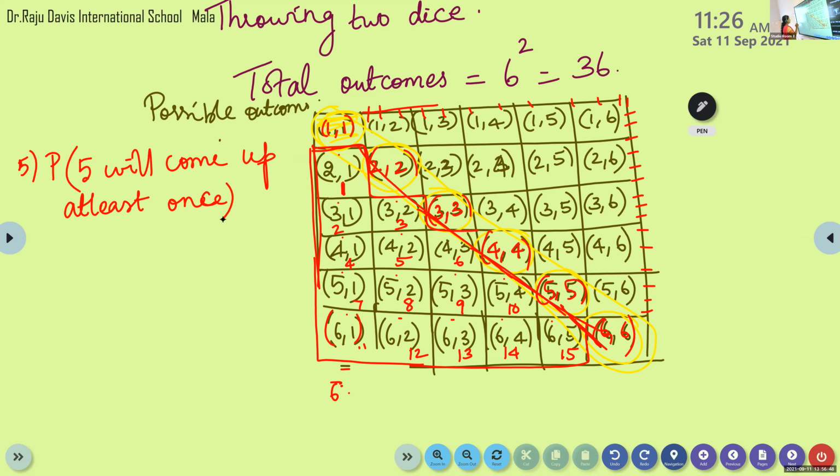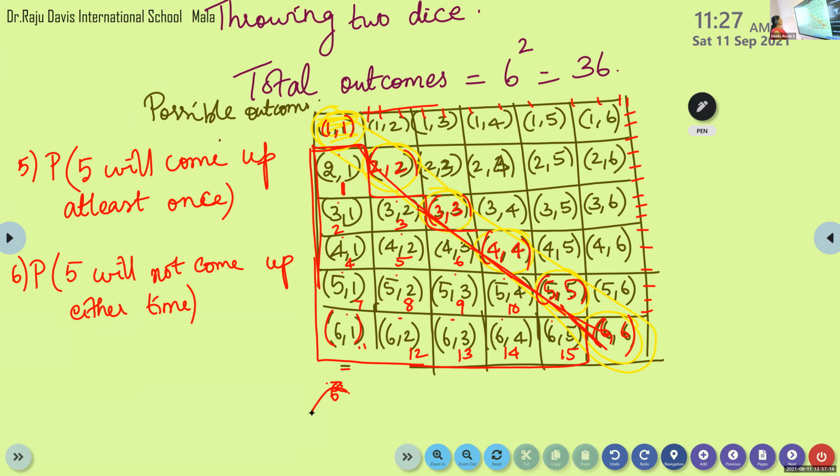Sixth one, probability that 5 will not come up either time. What is the answer? Count and tell me the answer. First one, probability of 5 will come up at least once. Second one is 5 will not come up either time.